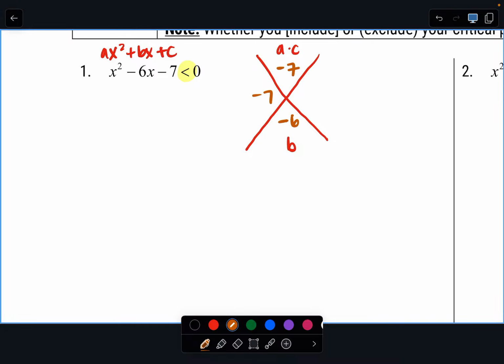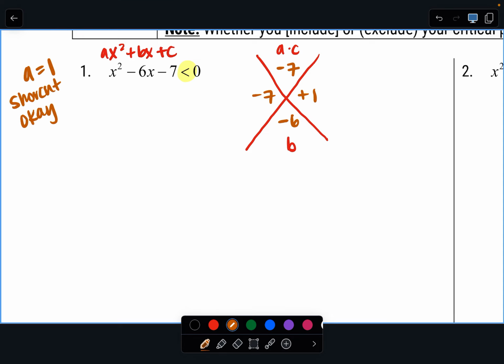-7 and +1. You do not have to write these two numbers in any particular order. You can write them in whatever order you want. Now, a little note here. This particular problem has a equal to 1. So because a is equal to 1, the shortcut for factoring is okay.